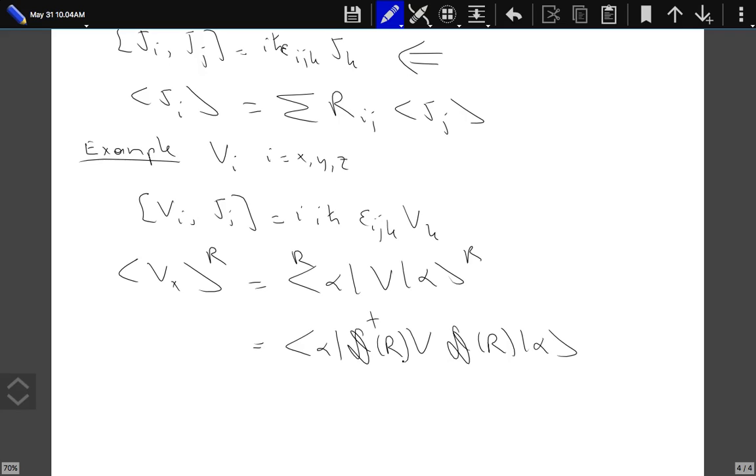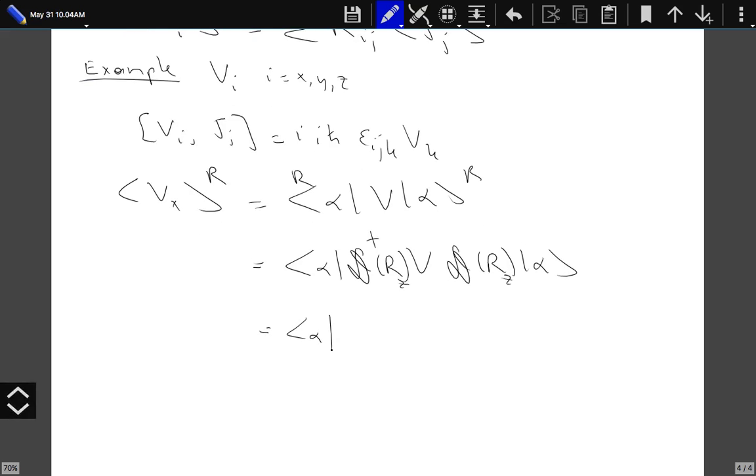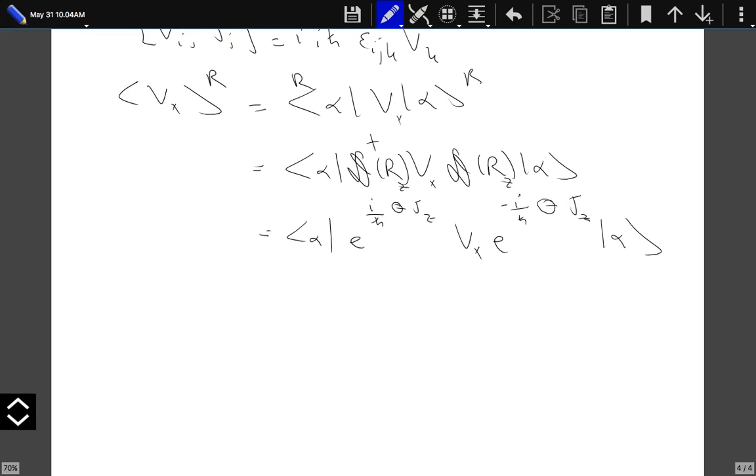And for simplicity, let's just assume a rotation around the z-axis by an angle theta. So this becomes alpha e to the power i over h bar theta Jz, Vx, e to the power minus i over h bar theta Jz. Now we need to calculate this matrix. We already know the Baker-Hausdorff formula.